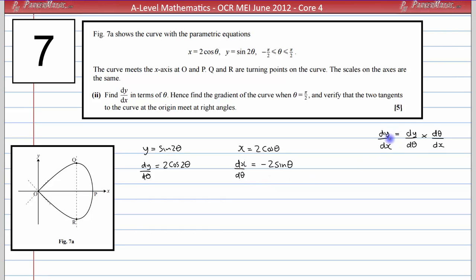So to find dy by dx, I'm going to use the fact that d theta by dx is just the reciprocal of dx by d theta. So I get dy by dx equals 2 cos 2 theta multiplied by 1 over negative 2 sine theta. So the 2's will cancel out and I get left with negative cos 2 theta over sine theta.